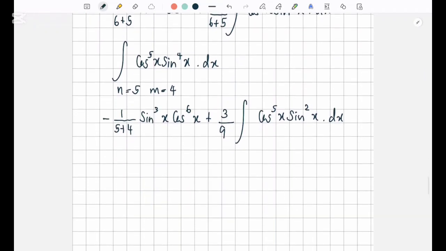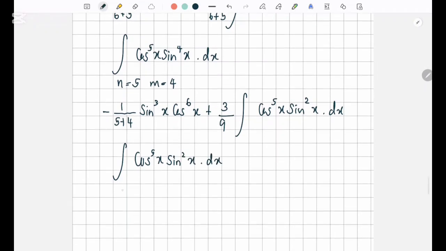You can do it again, and it would be the integration of cos x to the power 5 into sine x to the power 2. So you take n equals 5 and m equals 2.